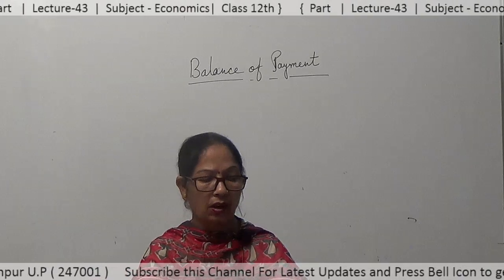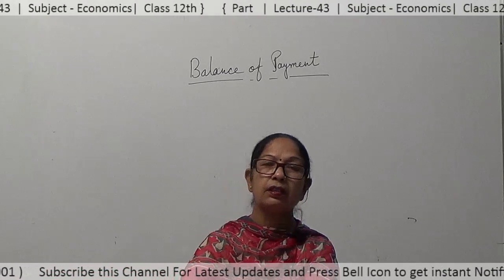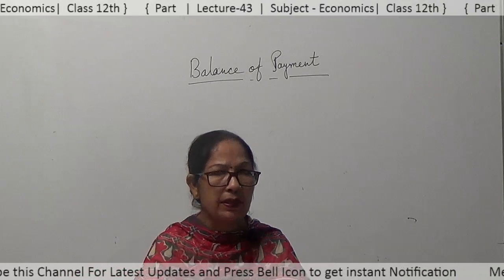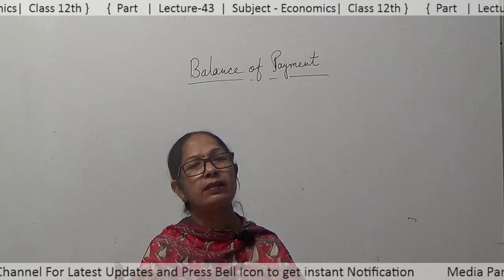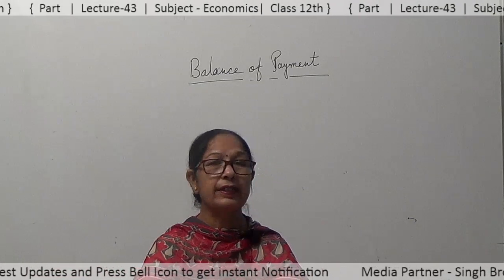If we talk about surplus or deficit BOT, the question is when is BOT in surplus, when is BOT in deficit. So, the answer is only relating to transactions of goods.